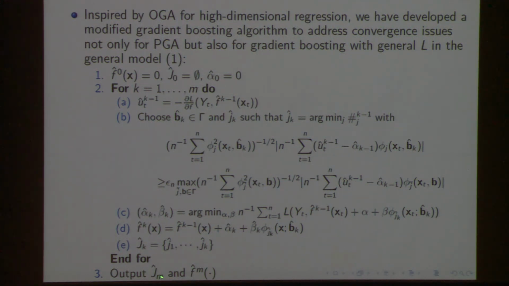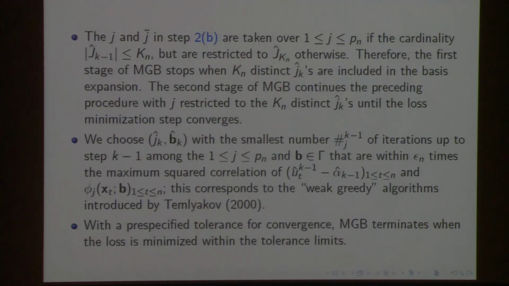I choose this set jm hat, and j and j tilde are chosen in this way. But then after jm hat, I still continue iterating. I'm not finished; that was the part that was cut in the slide.